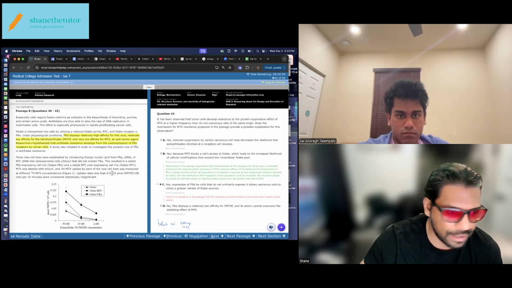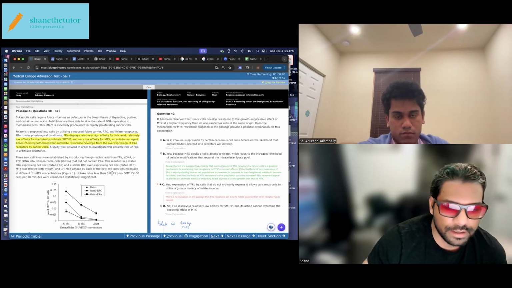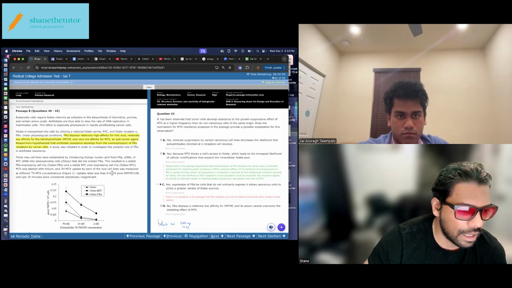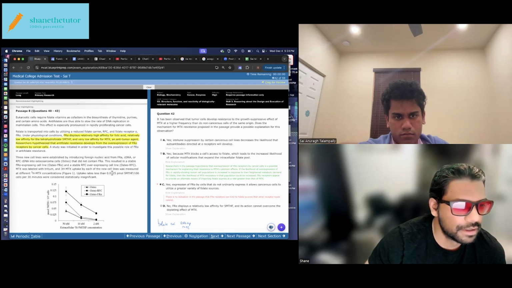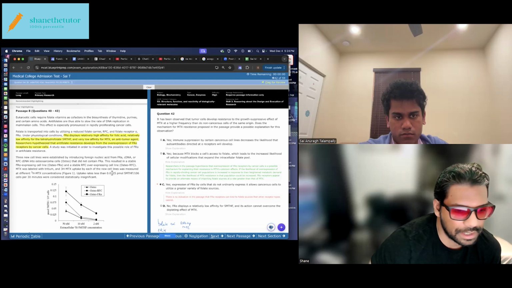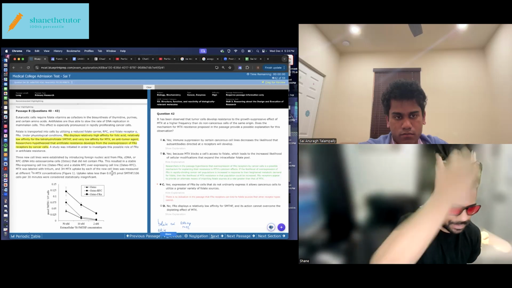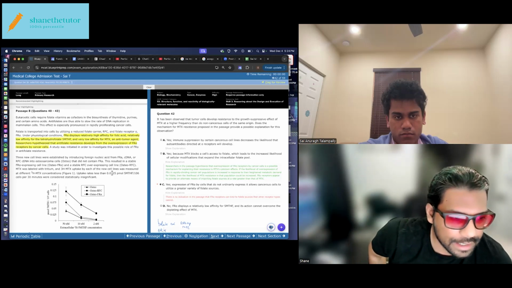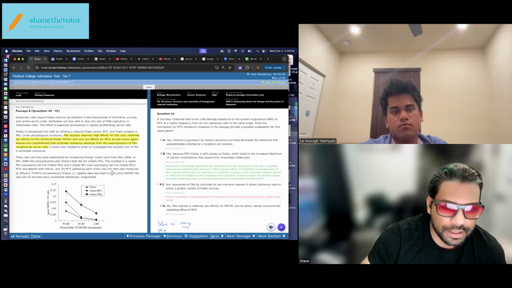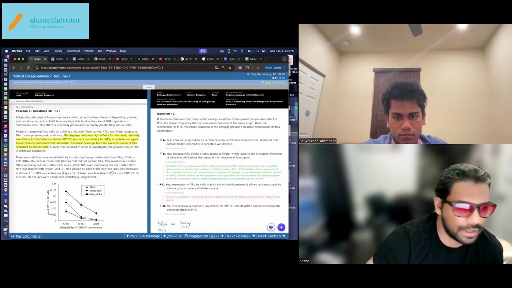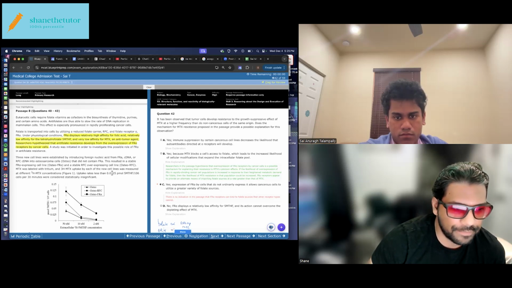Okay, so I could say that FR alpha is also proportional to this DNA replication rate, and FR alpha, I could also say, can confer antifolate resistance.